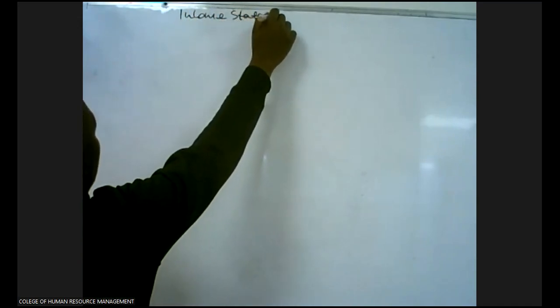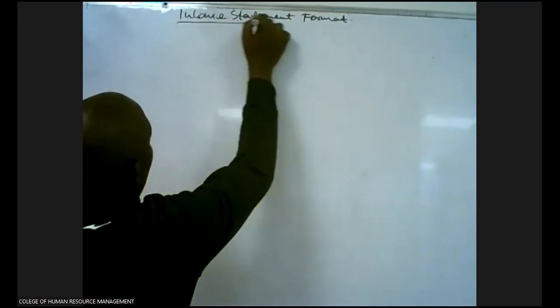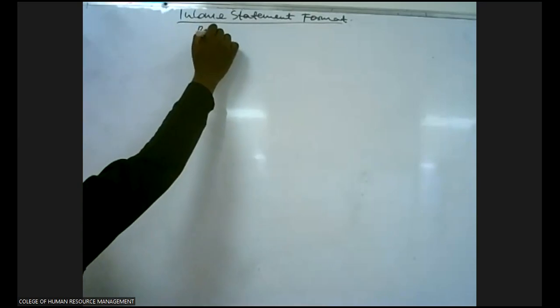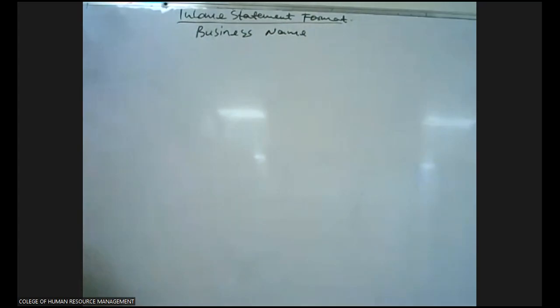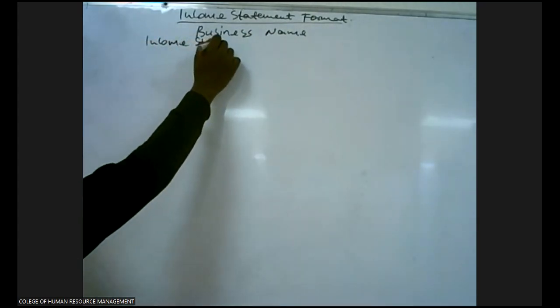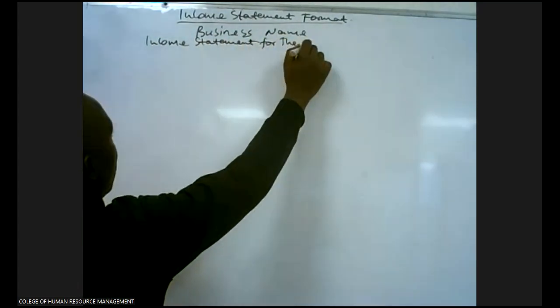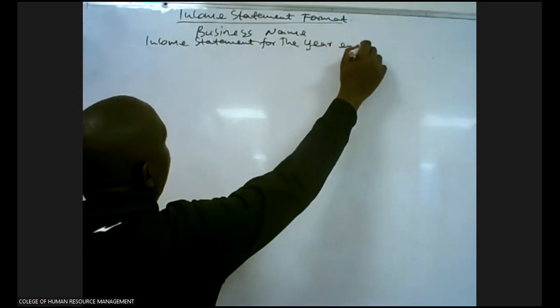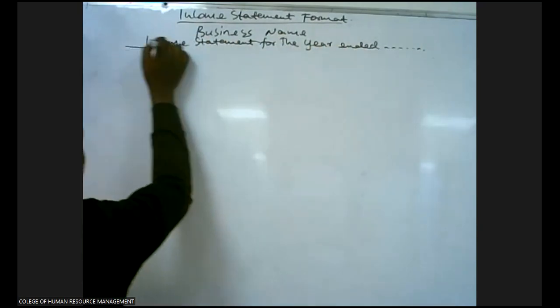So the income statement format. We normally start with the business name. Then you write there, income statement for the year, and then you put what you were provided in the question.